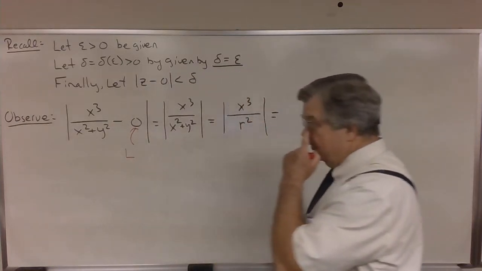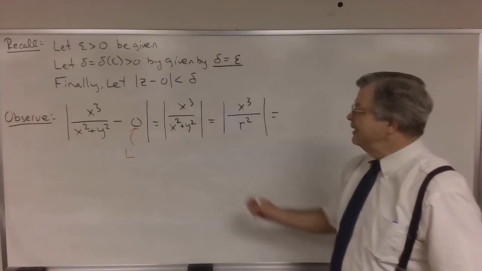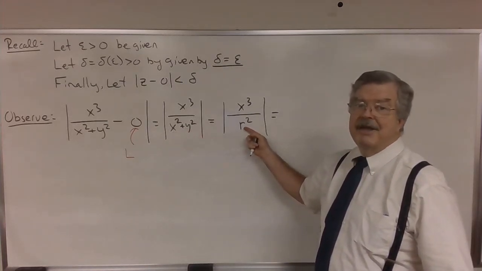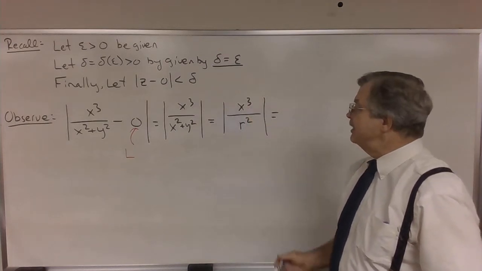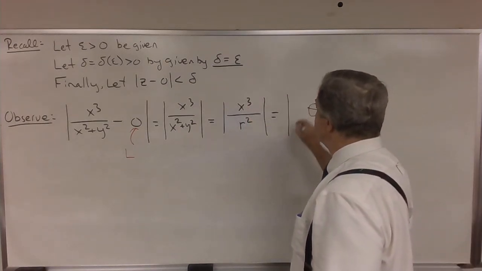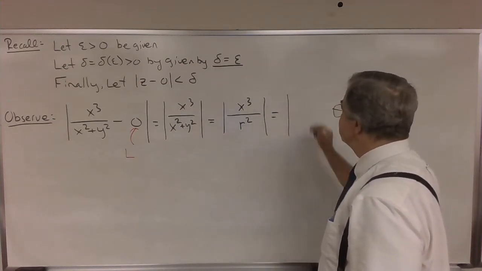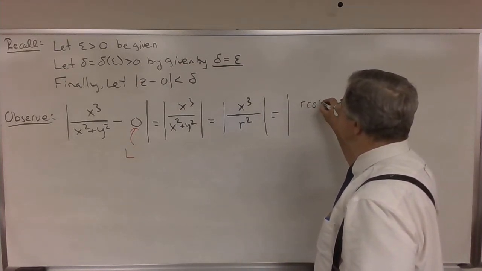And we shrugged our shoulders and we said, well, if we're going to re-express the denominator in terms of r and perhaps theta, we might as well do the same thing for the numerator. X is r cosine of theta.